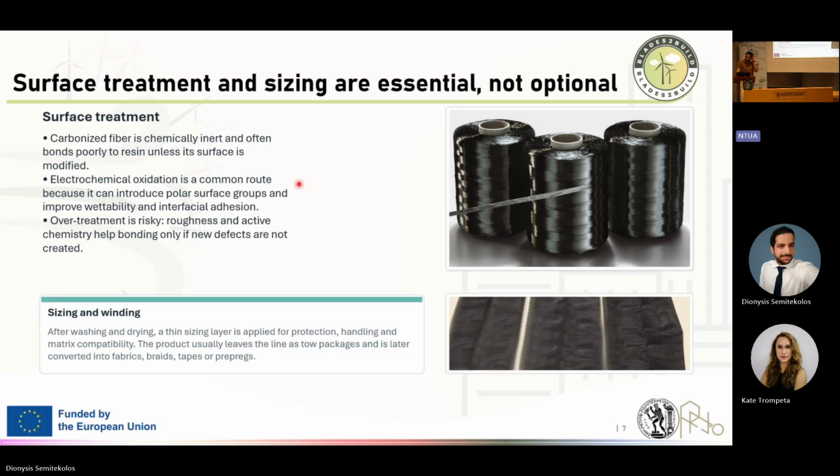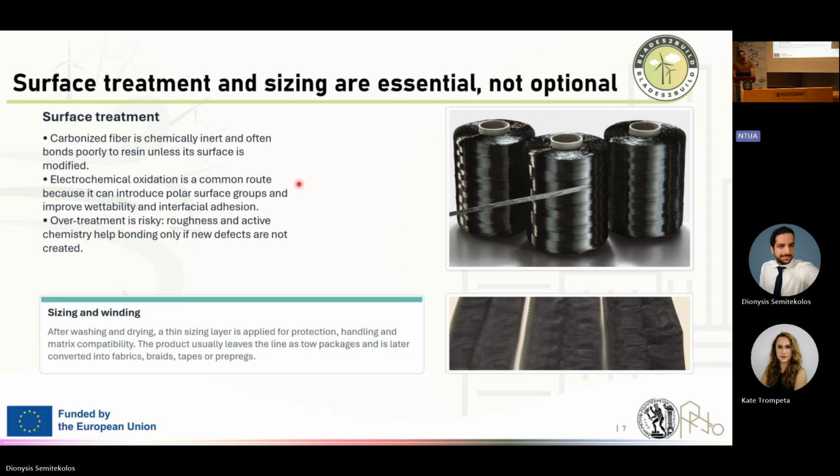It is necessary, not optional, because we need to modify the fiber surface. Why do we need to modify it? Because during the reactions that take place earlier, during the stabilization or the carbonization, our fiber remains chemically inert.